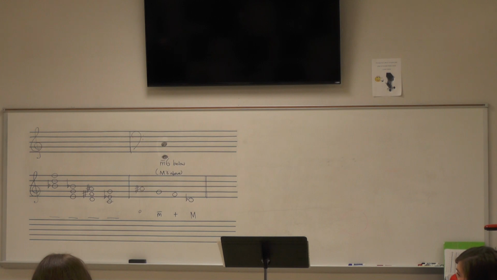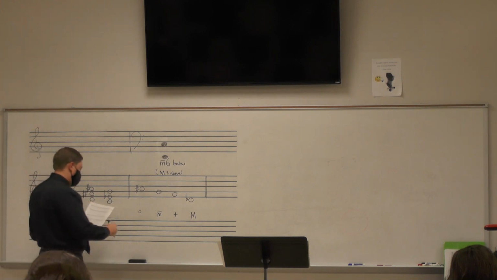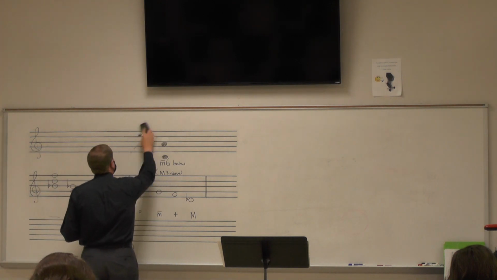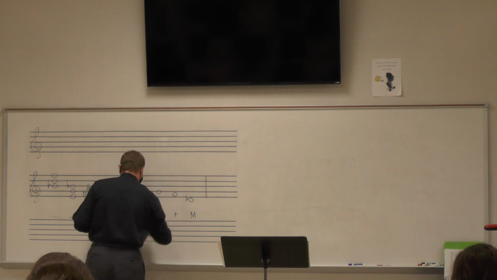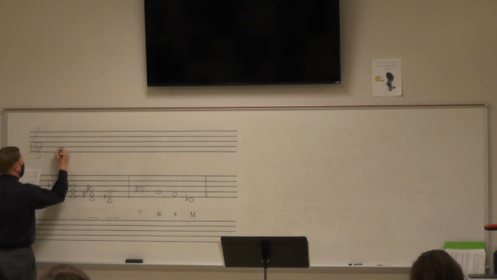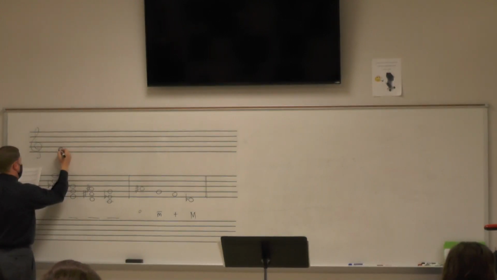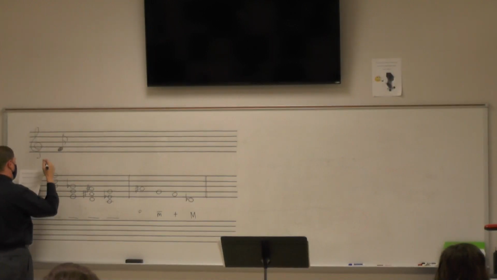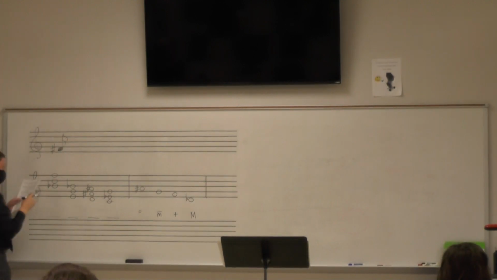Yes, sir. 21 and 22 in D. Okay. 21 and 22 in section D. There we are using the treble clef. And 21, the interval is between this F in measure 21, which is supposed to be F sharp. It just doesn't have the sharp because the previous note had it.